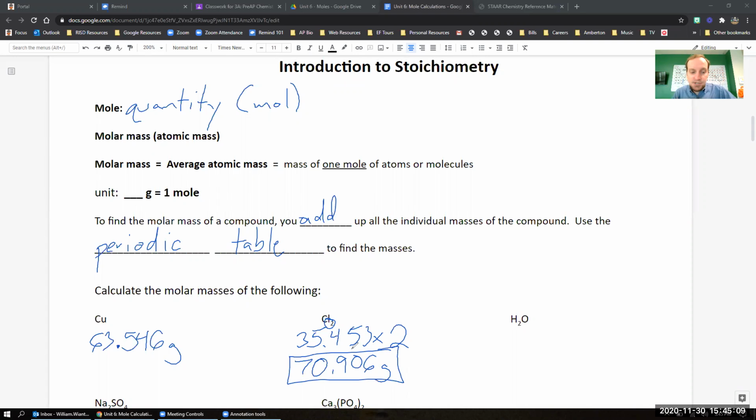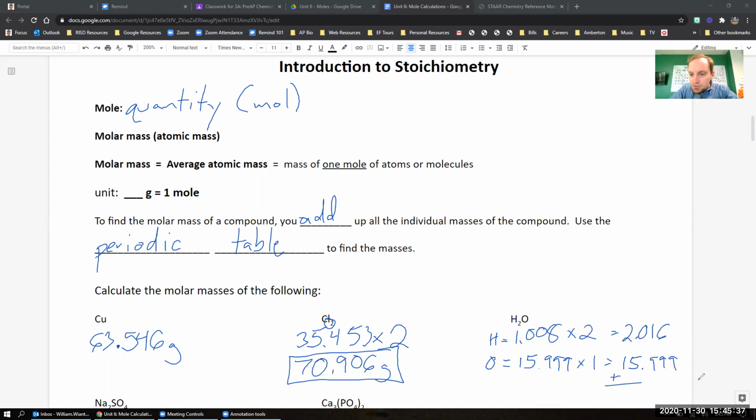H2O, again, we have 2 H's and 1 O. The mass of hydrogen is 1.008. There are 2 of them, so that is 2.016. My mass of oxygen is 15.999 times 1, so that's obviously 15.999. I guess I didn't really need to do that, did I?